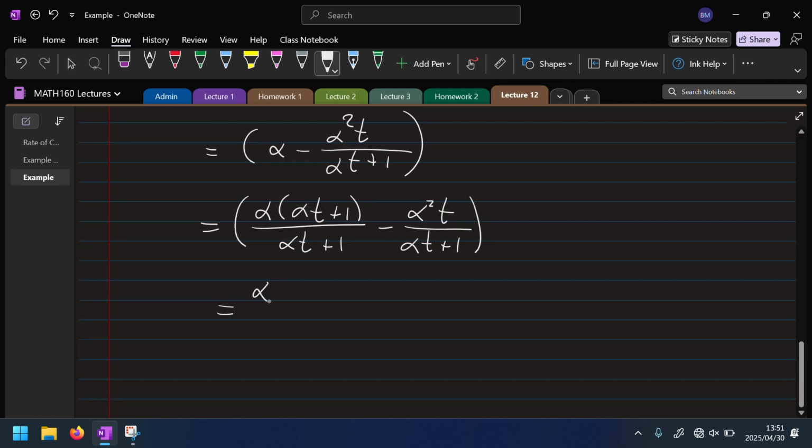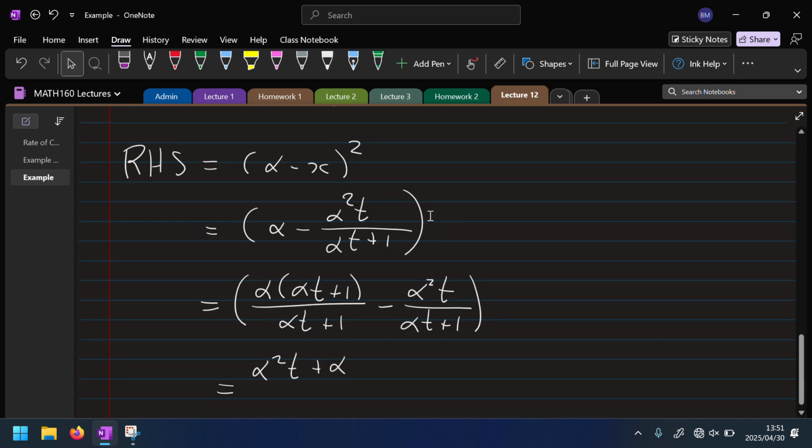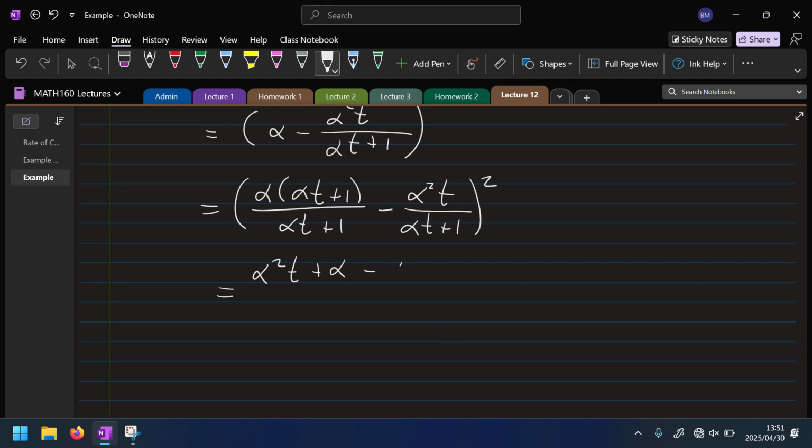So this is going to be alpha squared t plus alpha squared, plus the alpha minus alpha squared t from that second fraction, all over alpha t plus 1 squared. Top and bottom squared.